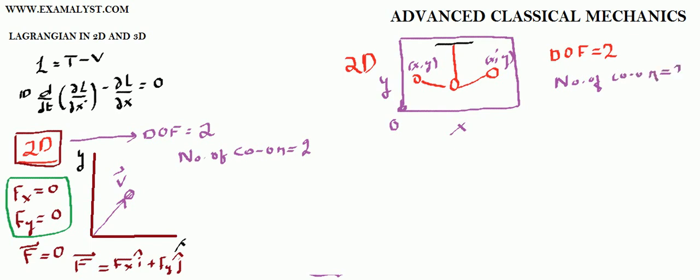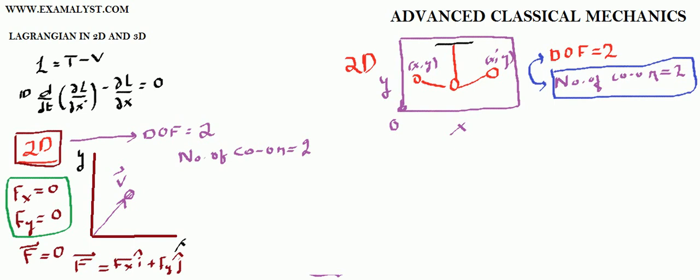Now you would say, what's the big deal? It is quite logical. We can see the minimum number of coordinates is either x and y. There is no motion of the pendulum in the z direction. It doesn't matter? Yes, it matters, and it's very important. The reason is, when I say that the minimum number of coordinates is equal to the degree of freedom, I don't mean only Cartesian coordinates.